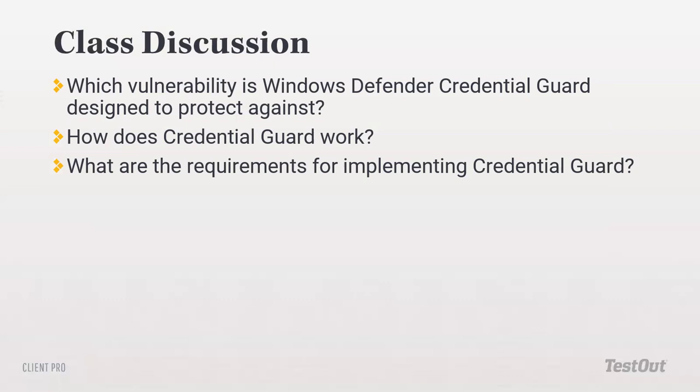And then, yeah, requirements for implementing. We do want to make sure that we have an administrative account that can set that up with the right group policy objects, and that you have proper protection for the access to those resources.